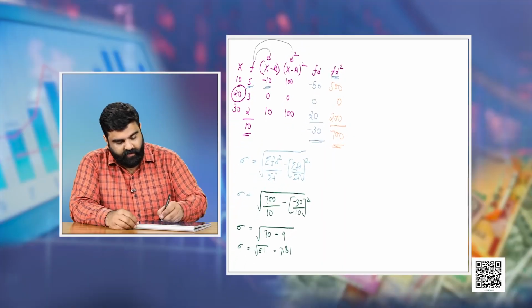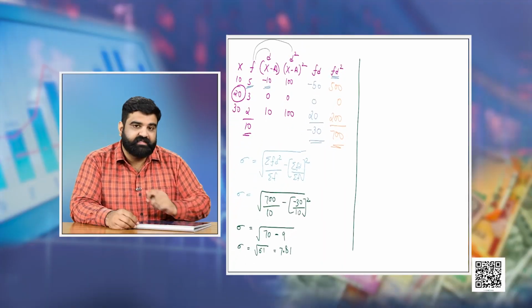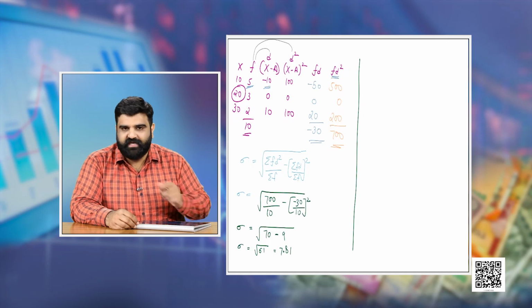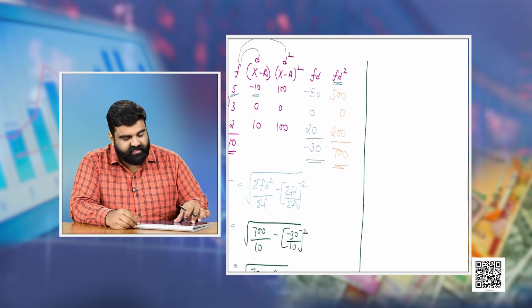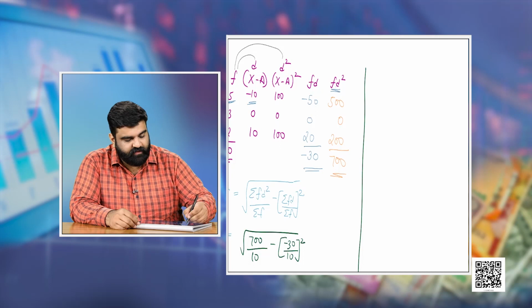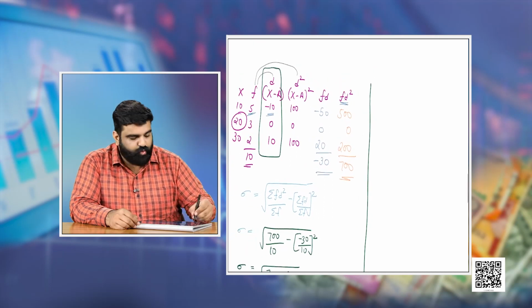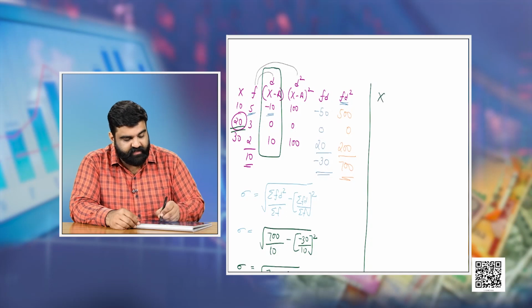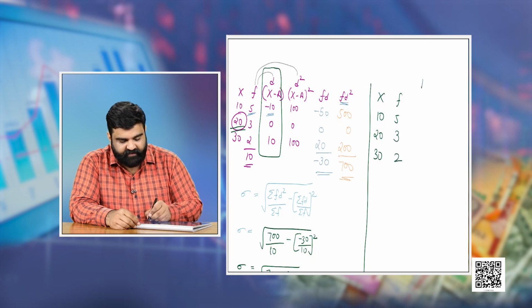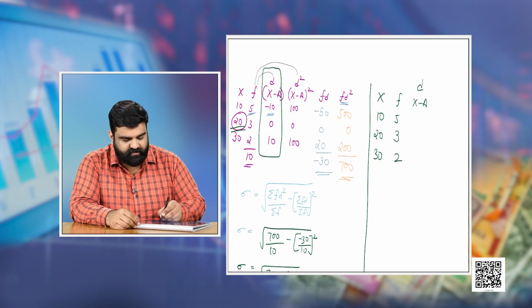Now, let us move ahead and calculate the same question from step deviation method. So, under step deviation method, I will be using the steps followed here. I used 20 as assumed mean. So, I am making the same columns 10, 20 and 30. I have the frequencies as 5, 3 and 2. Then I have the deviations, that is x minus a, assuming 20 to be the mean: minus 10, 0 and 10.